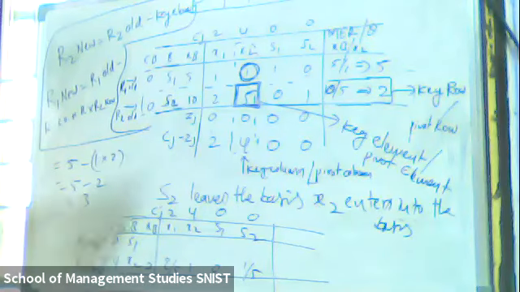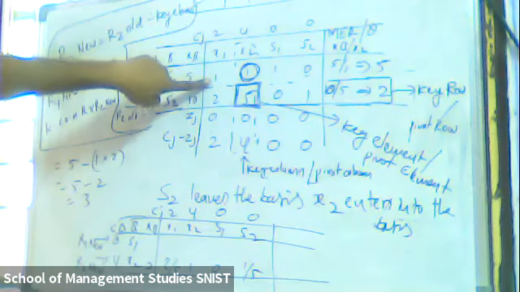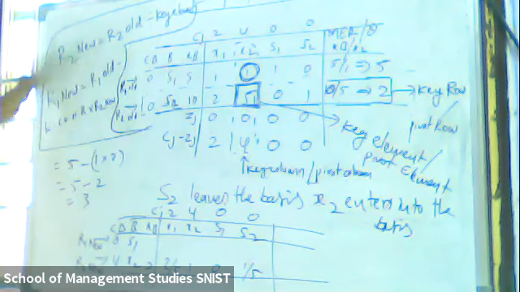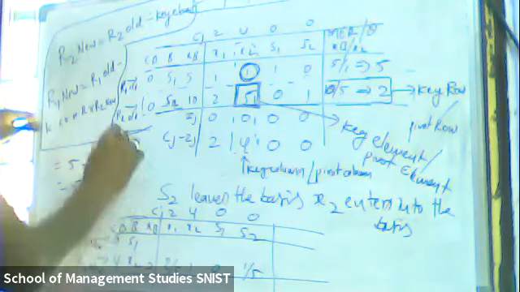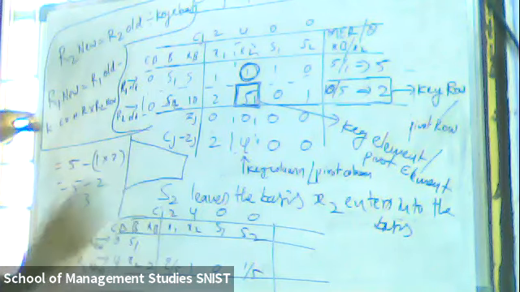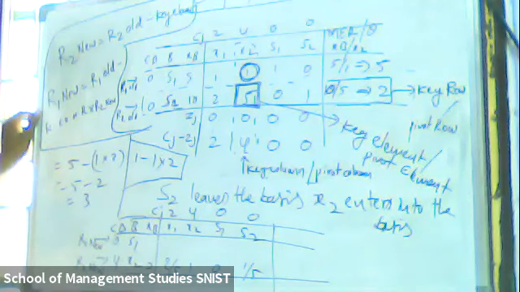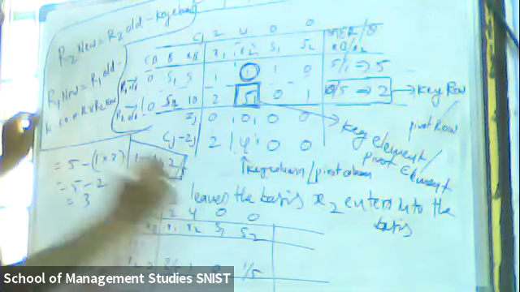Now, to find out this value, any one of you can please tell me? 1 minus 1 into 2 by 5. 2 by 5, exactly. Same thing.